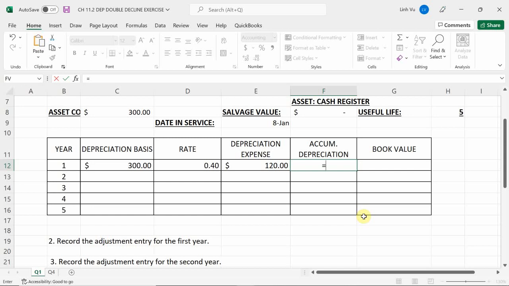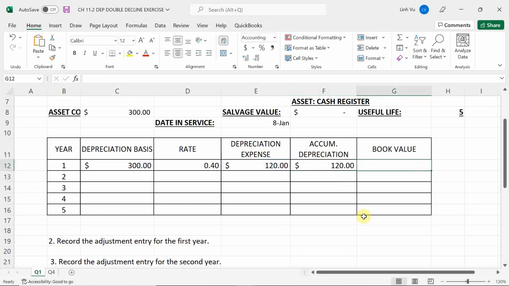So there wouldn't be any accumulated yet, because you haven't used it yet. Good. So it'd be 0, because there's no accumulated depreciation yet. Well, it's the previous year's accumulated depreciation plus the current year's depreciation expense. So it would just be 120, because there was no previous year.